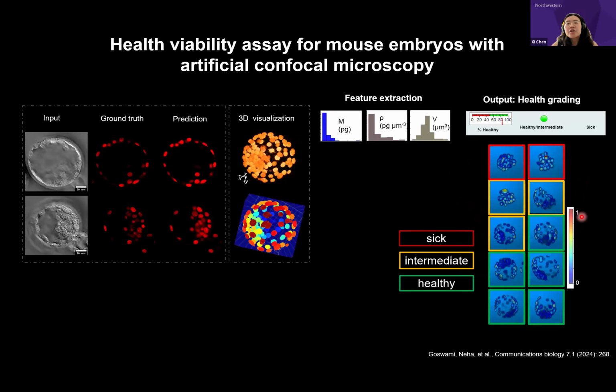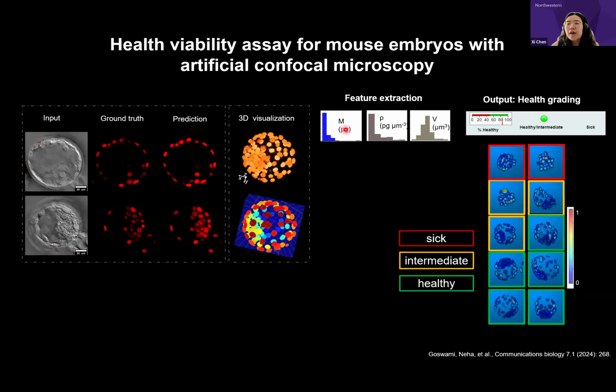Based on this imaging modality system, we also developed a health variability assay for mouse embryos. Now we don't need to stain or fix the sample. We just retrieve the embryos, keep them alive, and then you can image them over days. The computational algorithm will tell you whether this embryo is a sick, intermediate, or healthy sample based on the morphology information of the label-free QPI images.